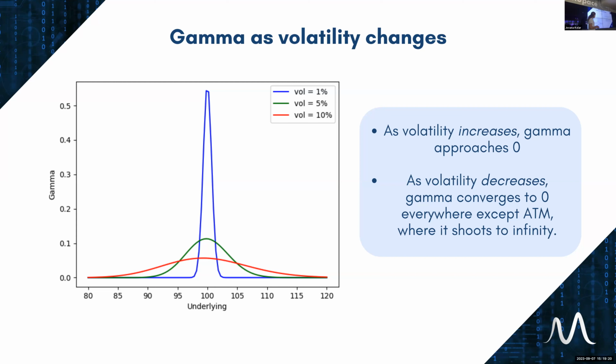Okay. So it's an interesting thing where if you're at the wings, your delta changes less as you decrease volatility. So can anyone think of why your gamma would decrease with decreased volatility?